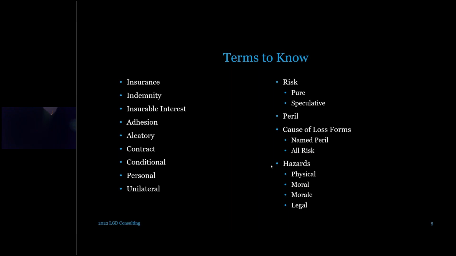So the badly worn tires would be a physical hazard, which increases the likelihood of you getting into an accident. The accident would be a peril, a cause of a loss. The badly worn tires made it more likely for you to get into that accident. That's how you need to understand that. So hazards are like catalysts to perils or a catalyst to having a loss.